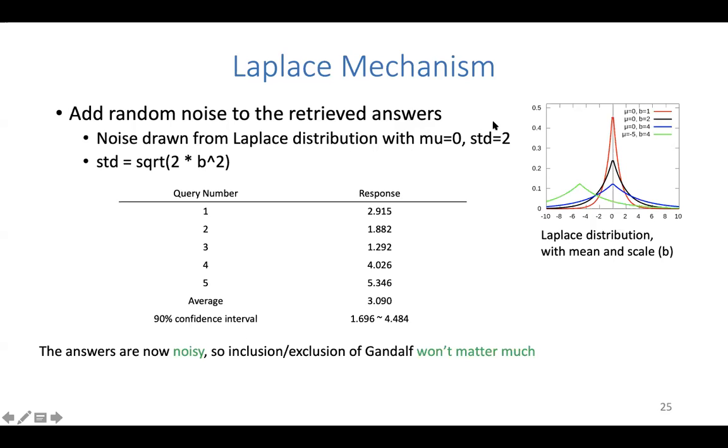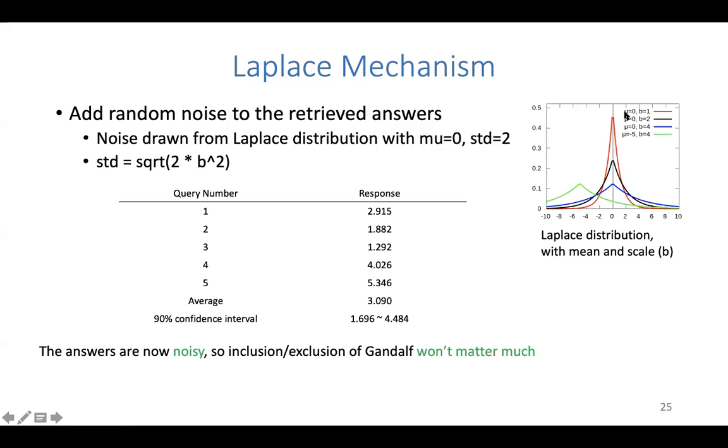But in this example, we're using mu 0 and standard deviation of 2. And the Laplace distribution looks like this. It looks like an exponential distribution in both directions, a symmetric exponential distribution. And the higher the standard deviation, obviously, the larger the noise you would get.